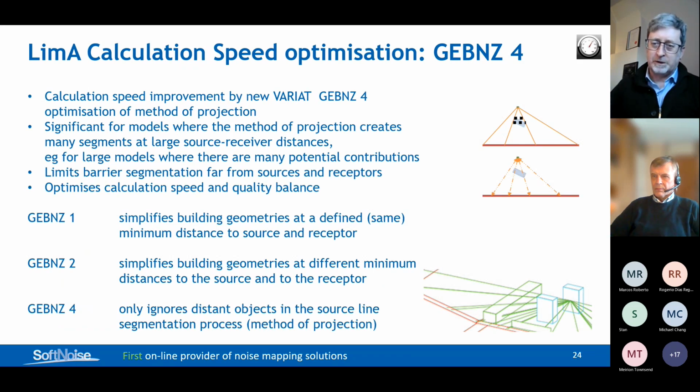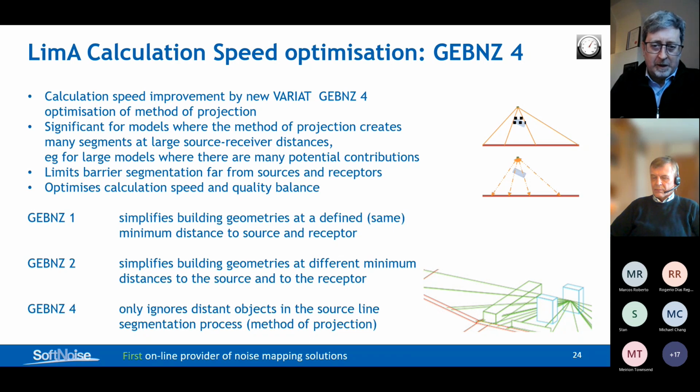First one is this thing called GBNZ4. Now, this is a variation on an option that you can set, which optimizes the method of projection. I'll explain this in a bit because it's a little bit complicated, particularly for those who are new to LimA. It's significant for models where the method of projection creates many segments at large source-receiver distances.